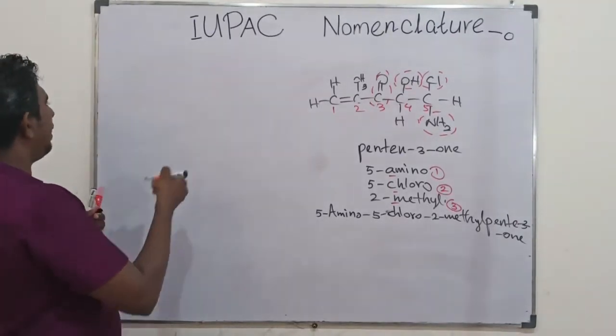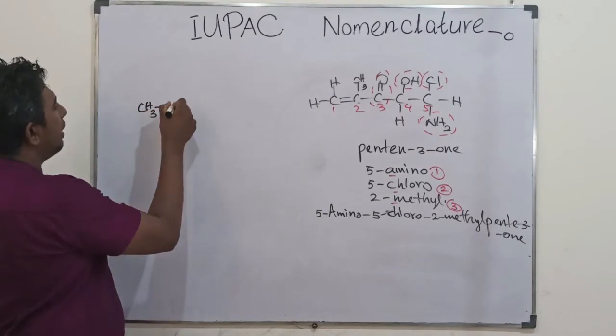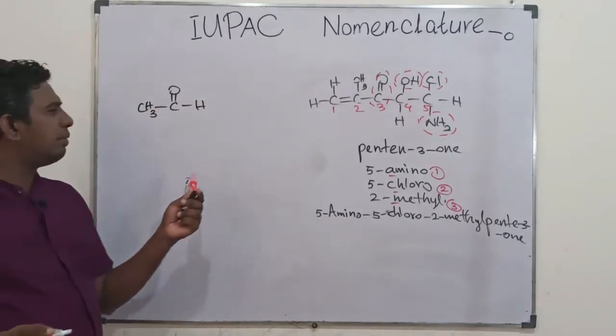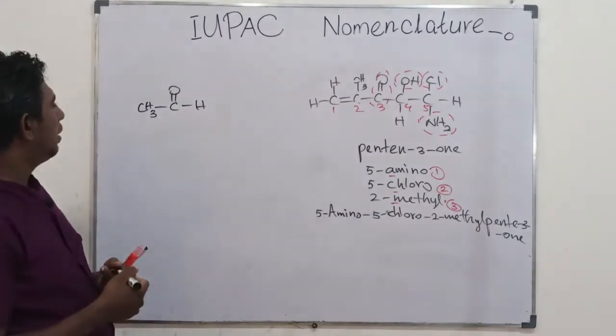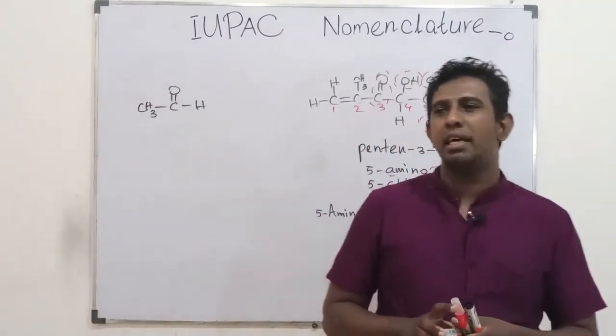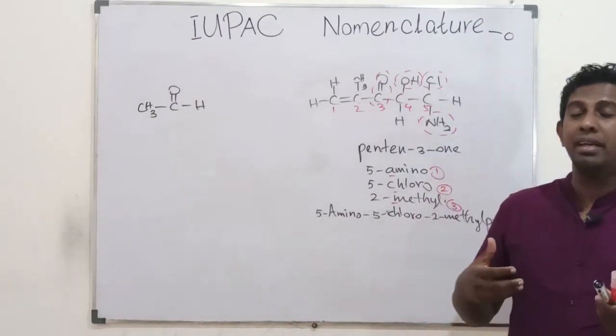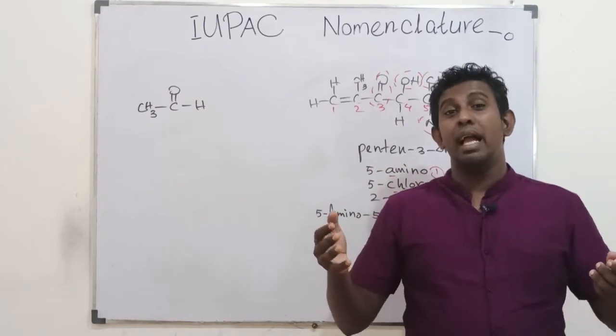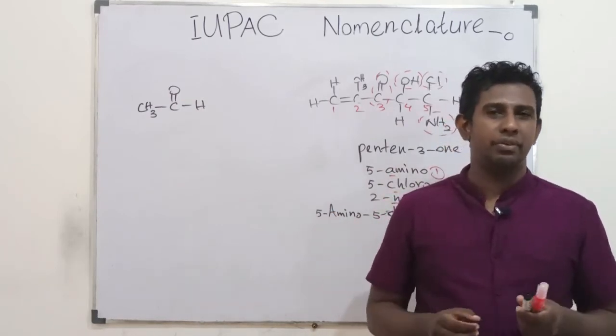I'm taking CH3COH. This time it's an aldehyde group. So when you have an aldehyde group, aldehydes are more prominent than alkane, alkene, alkyne, amine, alcohols and ketones.